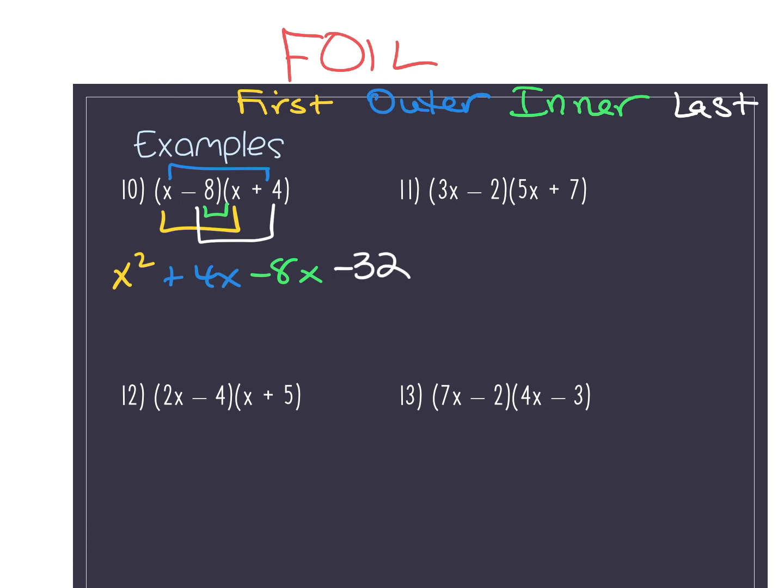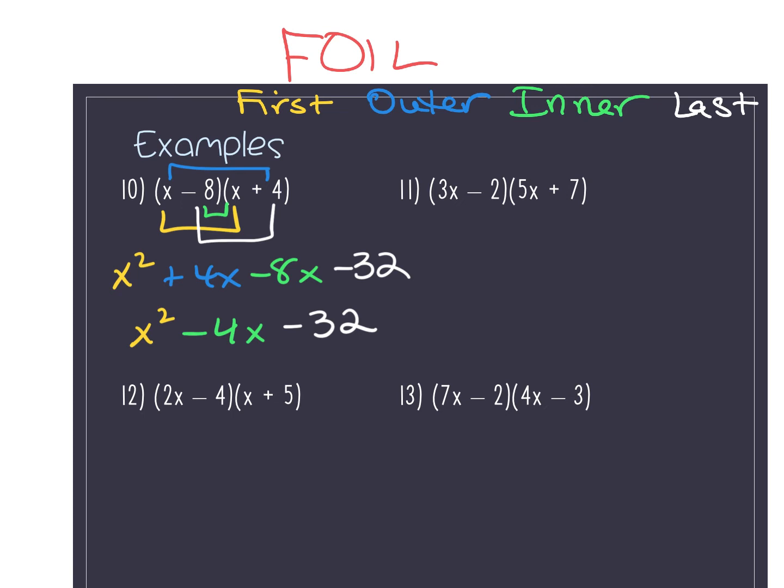When you FOIL, majority of the time, you're going to end up combining some like terms. So in this problem, I can combine the 2 middle terms. 4x minus 8x will give me negative 4x. Nothing else can be combined. I don't have any other like terms, so my answer is a trinomial.